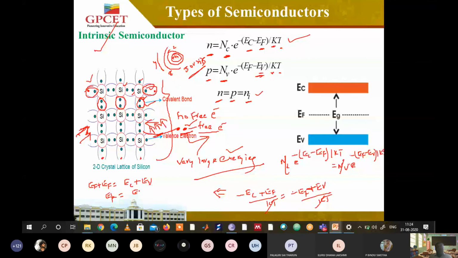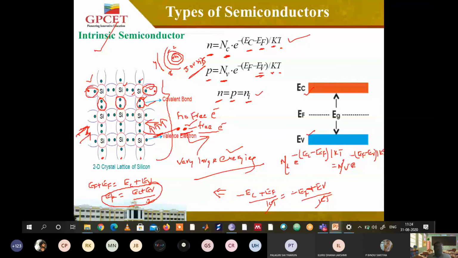So in intrinsic semiconductors, where does the Fermi energy level lie? The Fermi energy level lies between Ec, the conduction band energy level, and Ev, the valence band energy level. See this figure? It is lying at the center because it is Ec plus Ev divided by 2, exactly at the center of Ec and Ev.